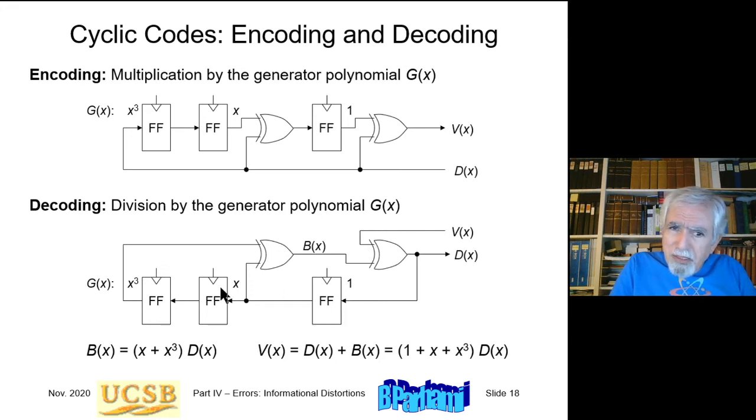Again, x cubed plus x plus 1 is the generator polynomial that dictates the structure of the circuit. And then the decoded data emerges from here. So both encoding and decoding are fairly simple, low cost, if done bit serially.